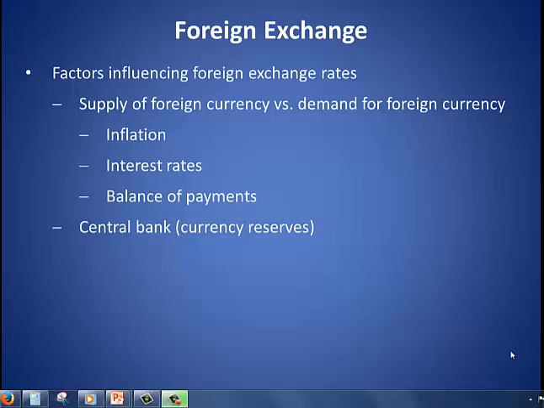The central bank does that by buying and selling their own currency and foreign currencies in the open market. Also, the central bank may have currency reserves, and a currency reserve is cash of another country. So if the exchange rate is becoming unfavorable, they may go out and sell those reserves to equalize the exchange rate.